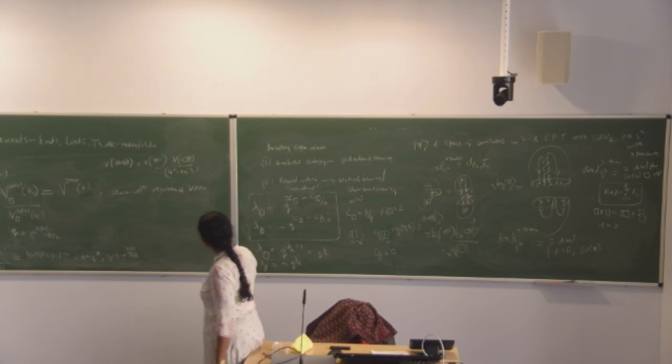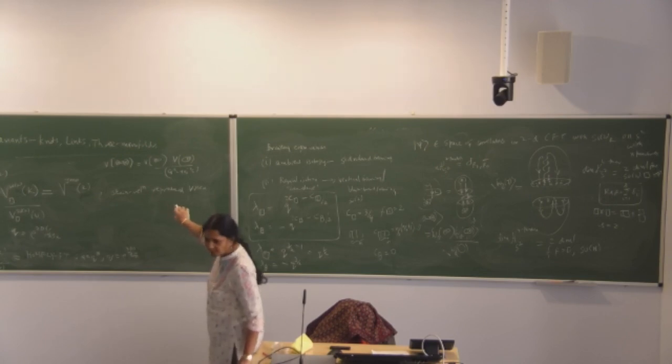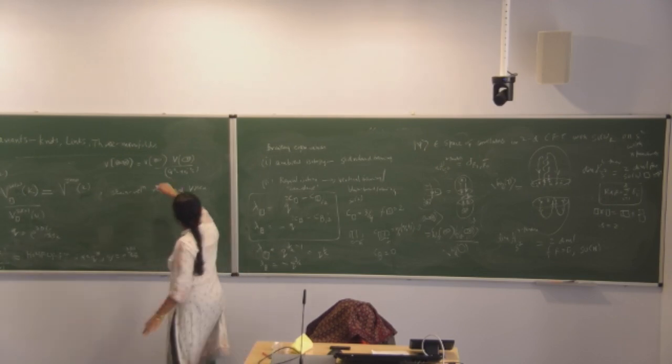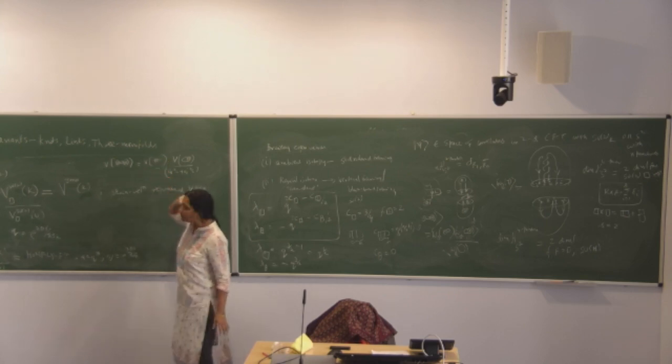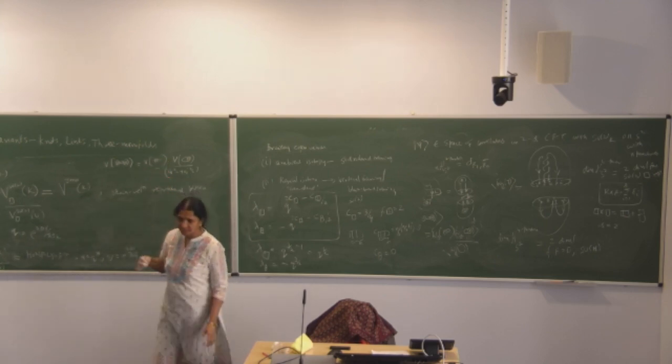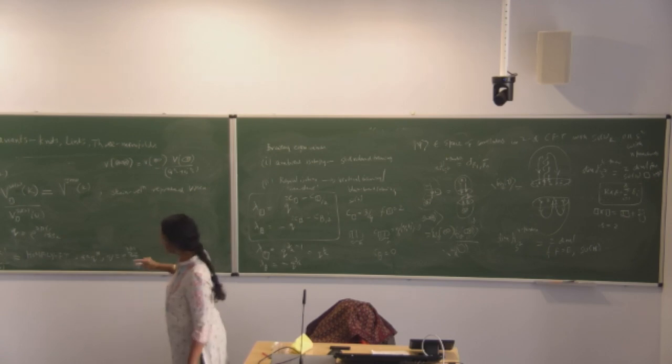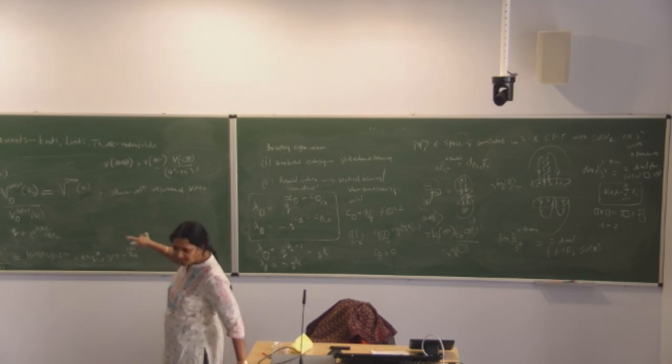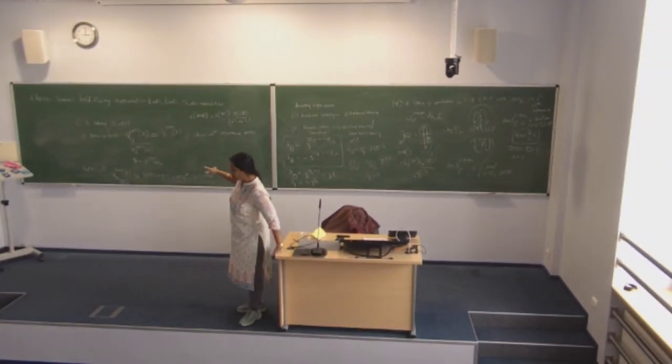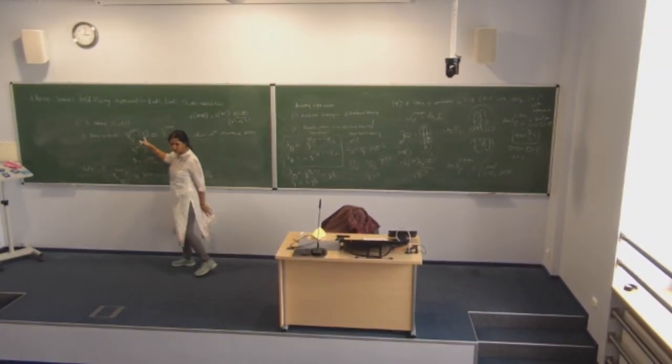It's nothing to do with links or knots. Whatever I am saying here, this piece could have been a link also. Yeah, I mean multicolored. For links you'll show tomorrow. Multicolored, yeah, different representations. Let me first do the direct evaluation for this simple one. But whatever I have said here, it's not only this. If I put both the representations on the two-component link as fundamental, this is also true.